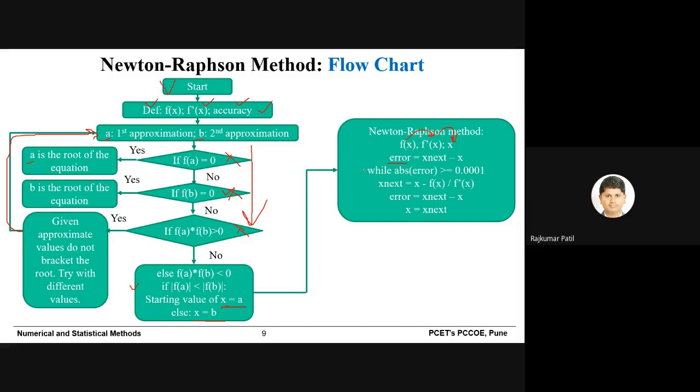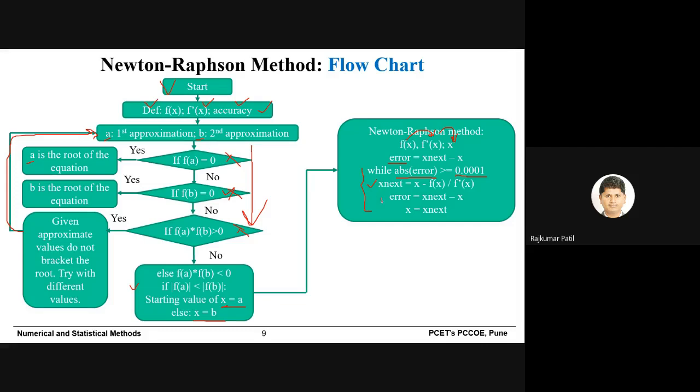And in order to continuously iterate the next values of the root, we use a while loop. That while loop will work as long as the absolute value of the error is greater than 0.0001. Here 0.0001 is the accuracy that we took from the problem. Then again we write the formula for the Newton-Raphson method: x next is equal to x minus f of x upon f dash of x.